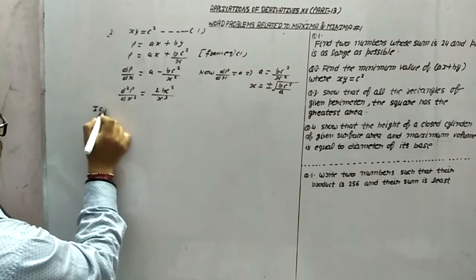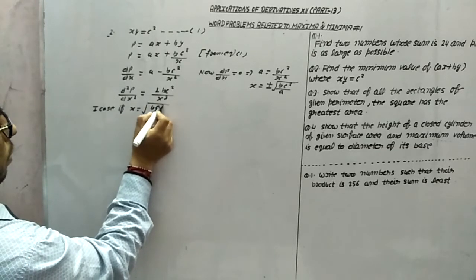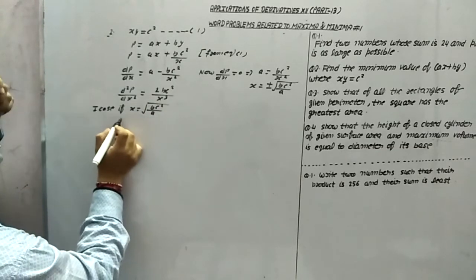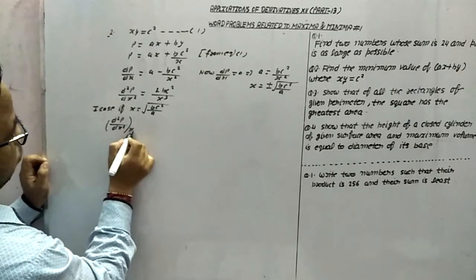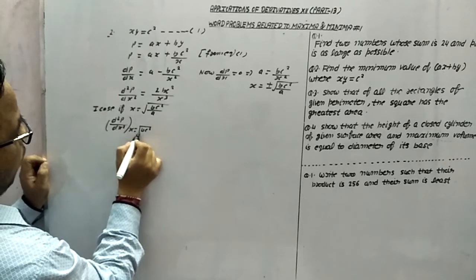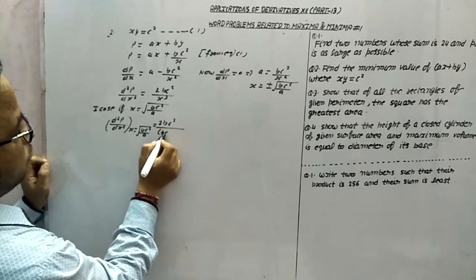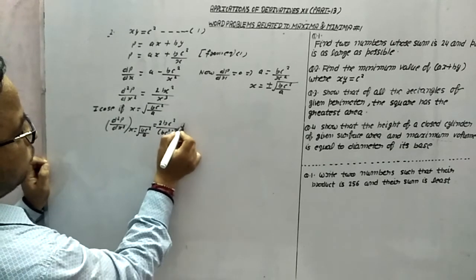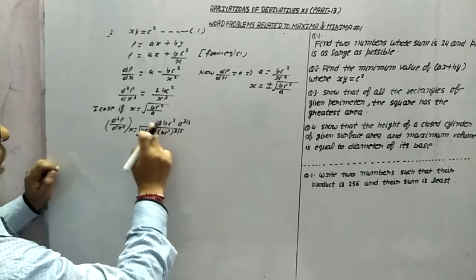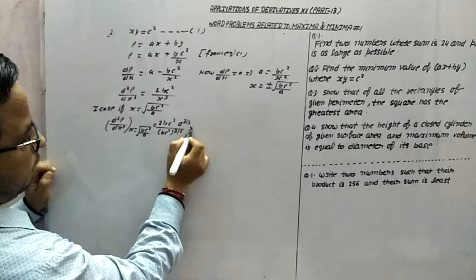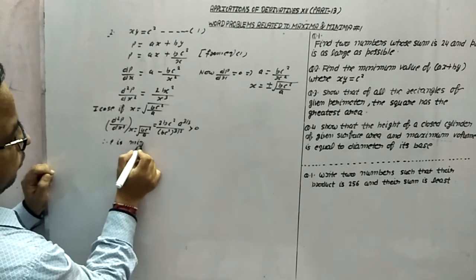Now first case, if x is equal to under root bc square upon a, then d2p over dx square at this x is equal to 2bc square upon (bc square) raised to power 3 by 2, times a raised to power 3 by 2, which is greater than 0. Therefore P is minimum.